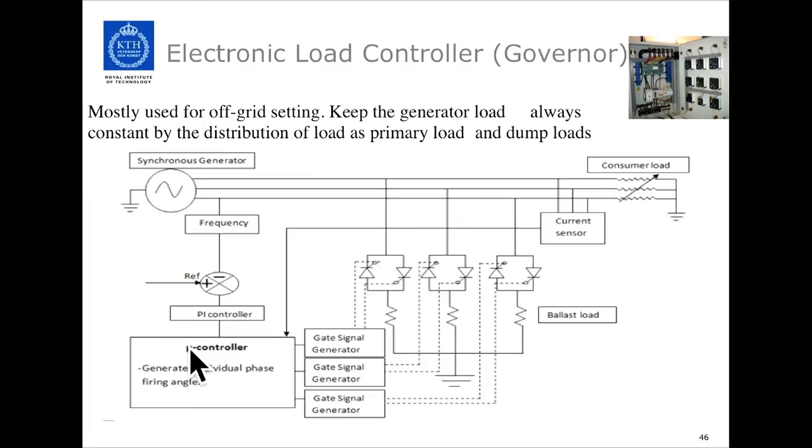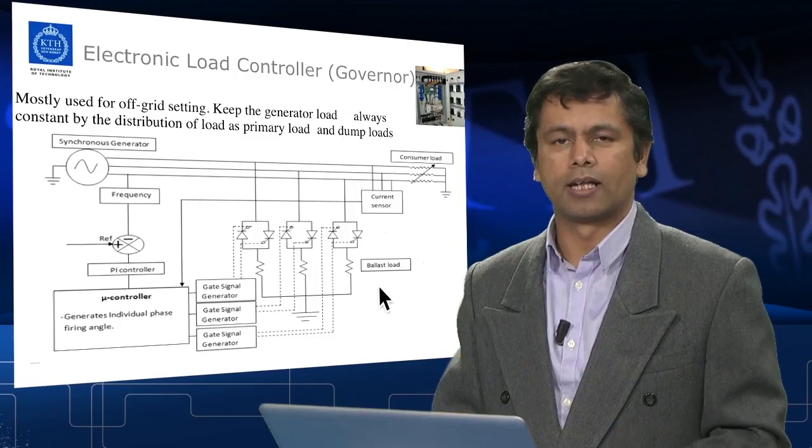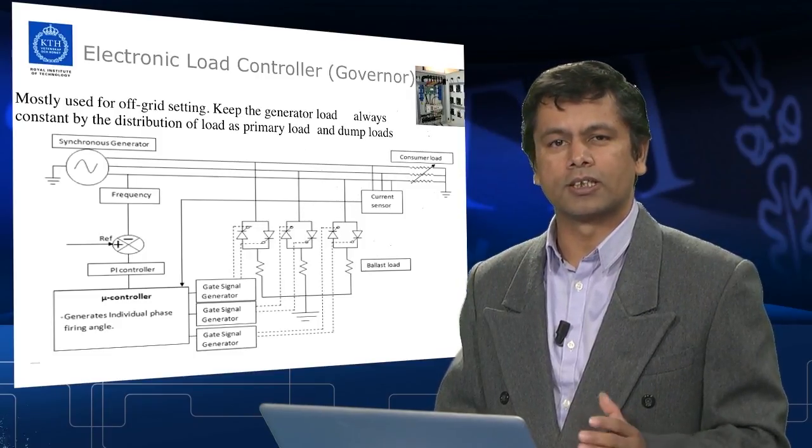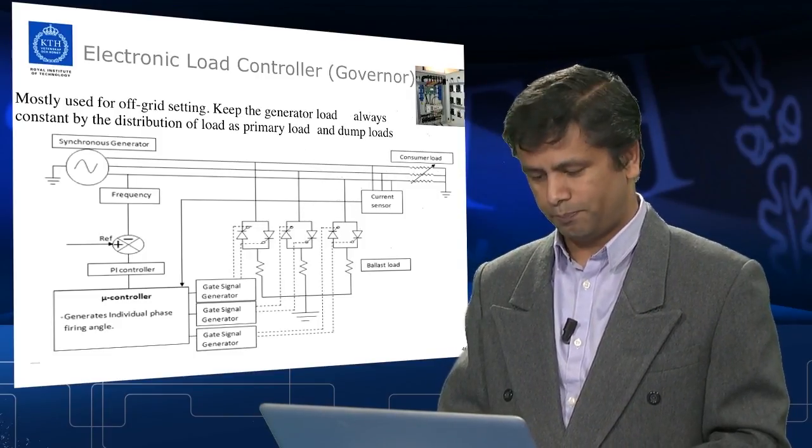And if the load is high, I mean if people start using the load, let's say in the evening time, then again some of the loads that have been diverted towards the ballast load are controlled, and the system output is always maintained as a constant for the generator.